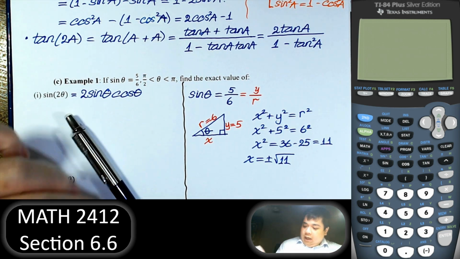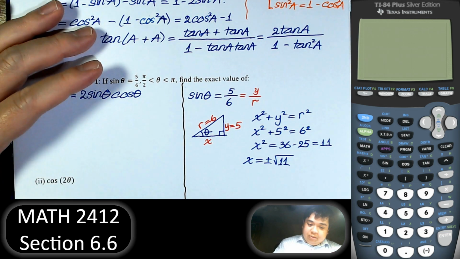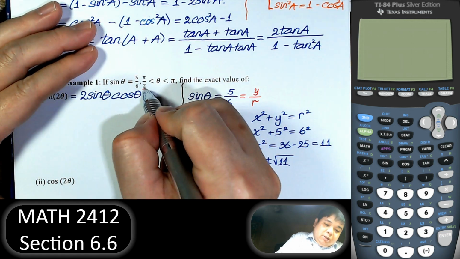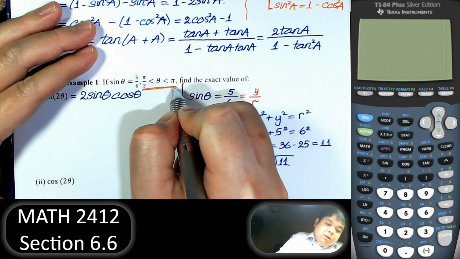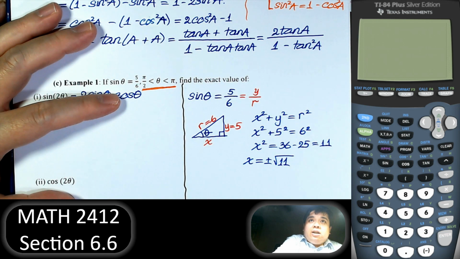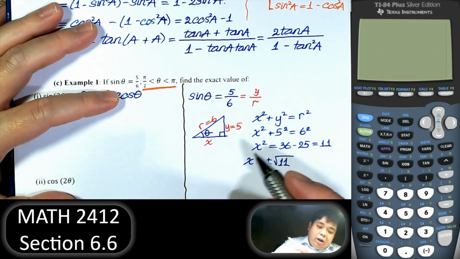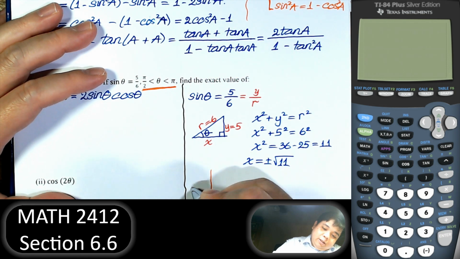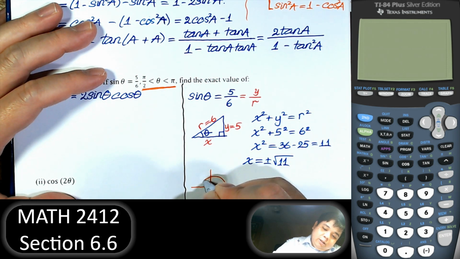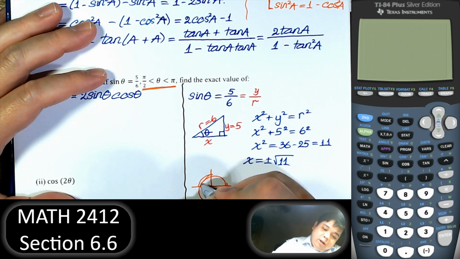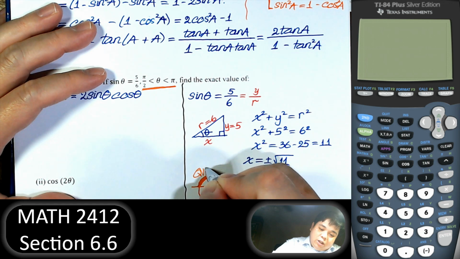Right. Now to determine the plus or minus, we look at this: theta is between pi over 2 and pi. So that is in quadrant 2.